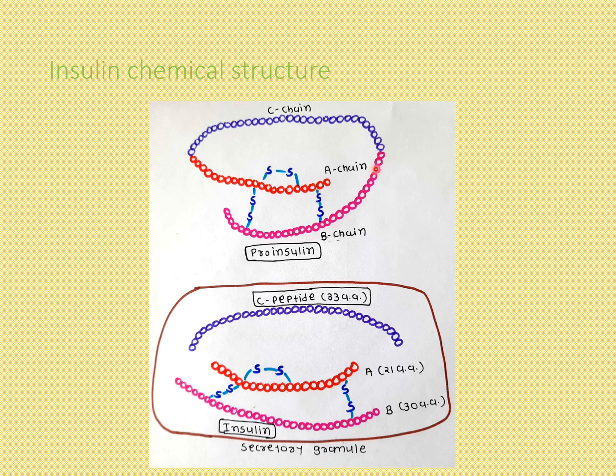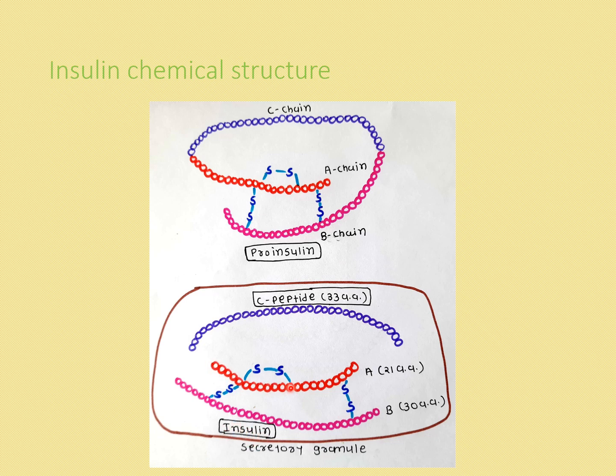Now from this endoplasmic reticulum, this proinsulin goes to the Golgi apparatus, where the cleavage of this proinsulin occurs, it cleaves to C chain, or it is known as C-peptide, having 33 amino acids, and A and B chain, and that is our insulin.